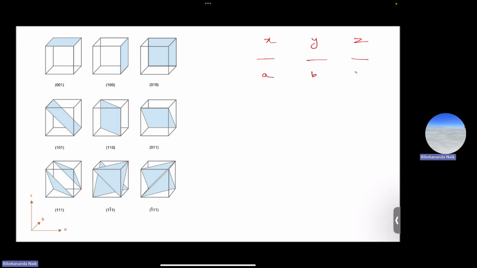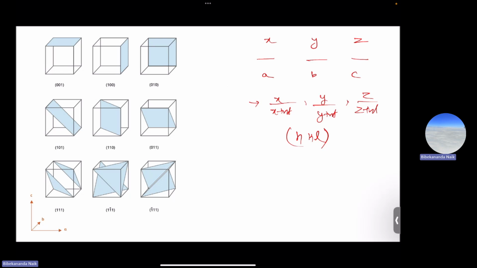As I mentioned, it is the reciprocals of intercepts. So we can write a by x intercept, b by y intercept, and c by z intercept, and they are called HKL. They are written in this bracket. So these are the form of Miller indices.